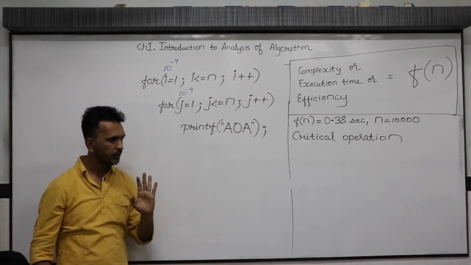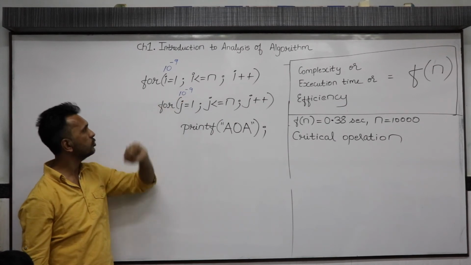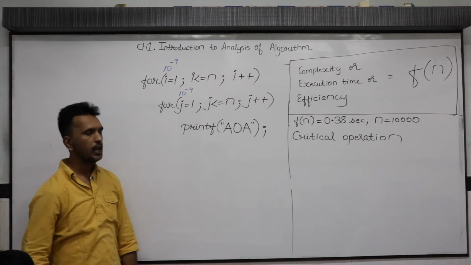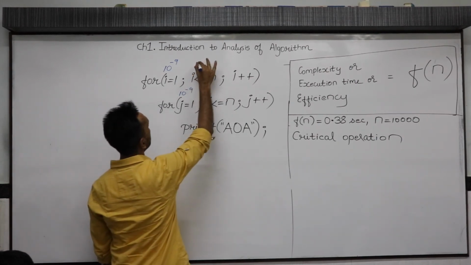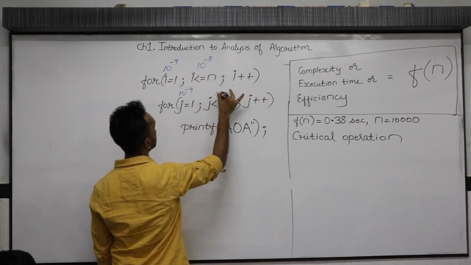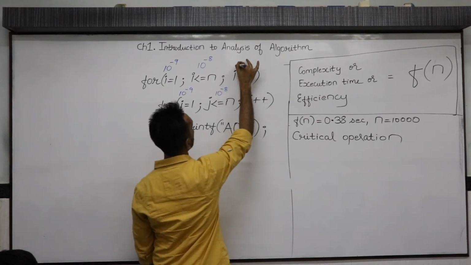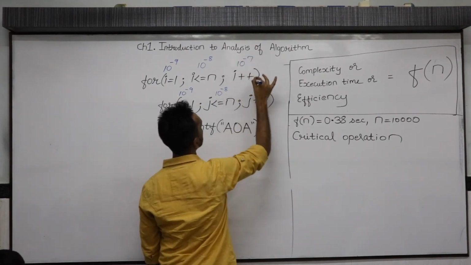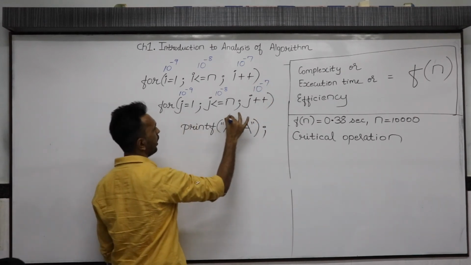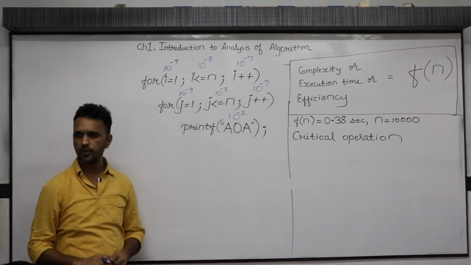You understood what I am saying? So let's say every initialization requires 10 raised to minus 9 seconds, the condition requires 10 raised to minus 8 seconds, the alteration requires 10 raised to minus 7 seconds, and printf requires 10 raised to minus 2 seconds to execute within the processor.